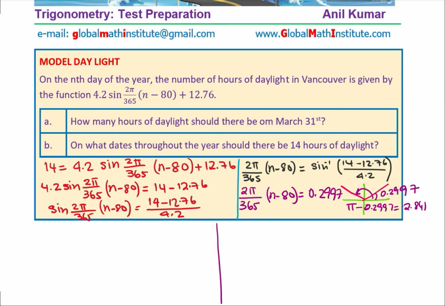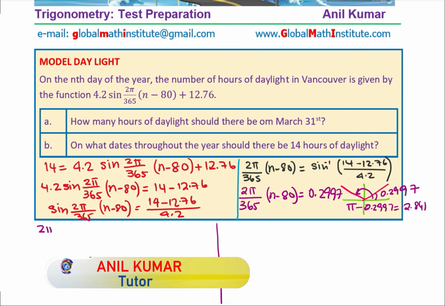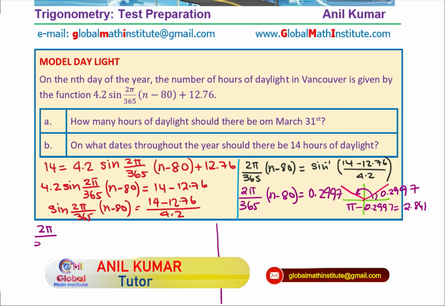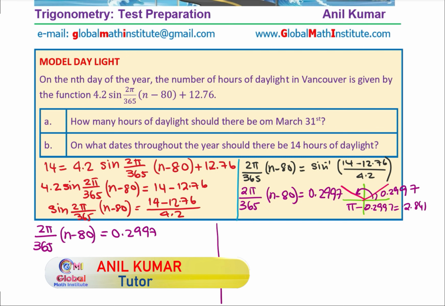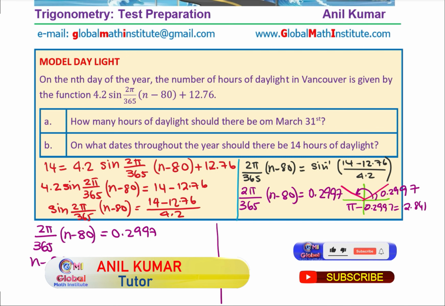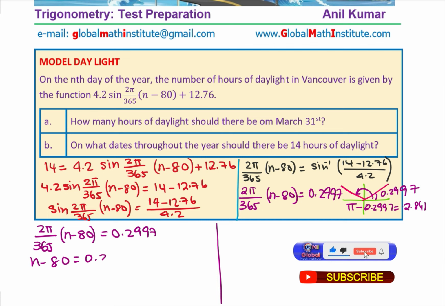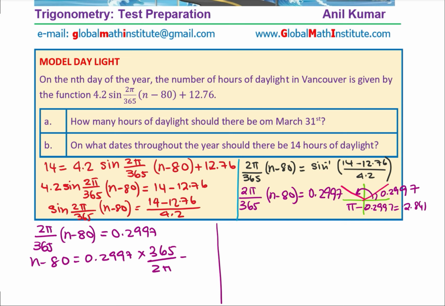So let's do the solution of each. In the first case, let me rewrite here. 2 pi by 365 times (n minus 80) equals 0.2997. Right? Cross multiply. n minus 80 equals 0.2997 times 365 over 2 pi. So let's do this.